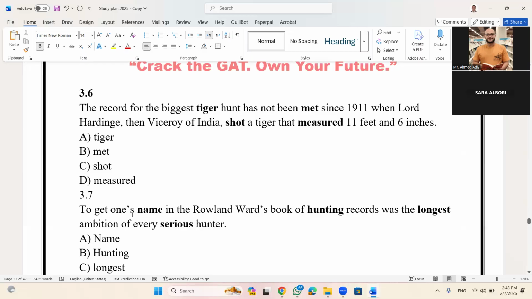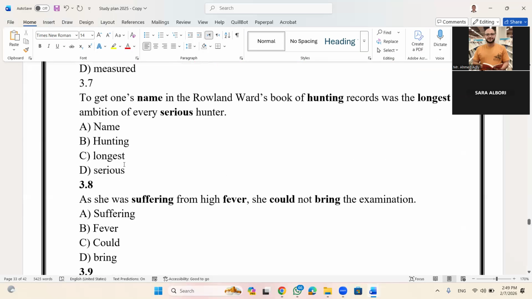The record for the biggest tiger hunt has not been met since 1911, when Lord Hardinge, then Viceroy of India, shot a tiger that measured 11 feet and 6 inches. So which word does not fit the context here? I think it's met. We should replace it with broken. Yes, the record hasn't been broken. That's wonderful. Next.